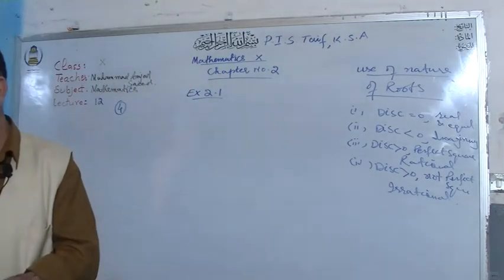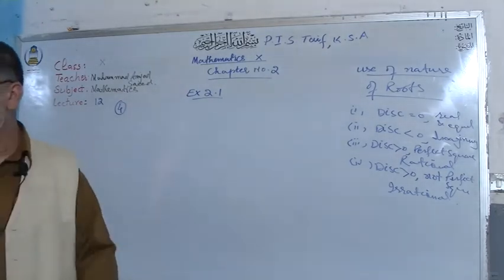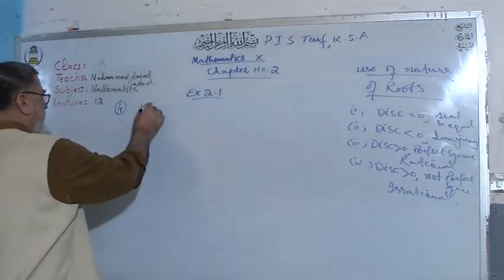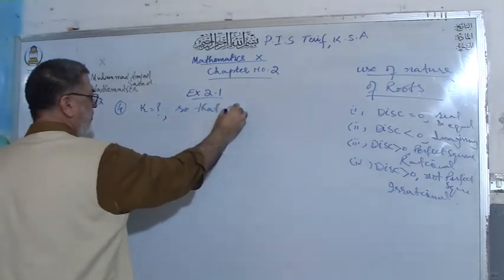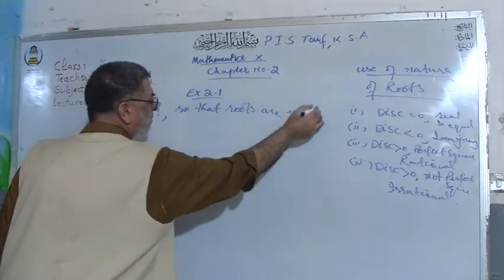Question number 4. Find the value of k if the equations are having equal roots. You have to find the value of k so that roots are equal.